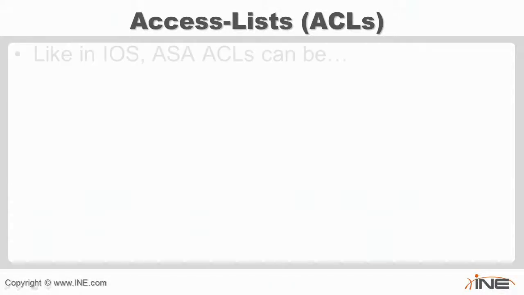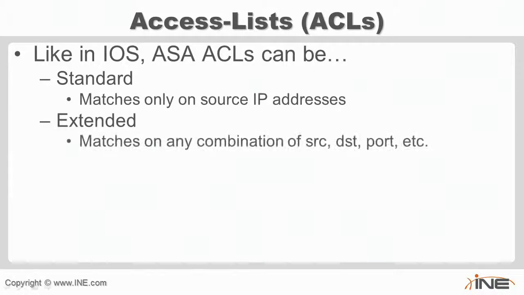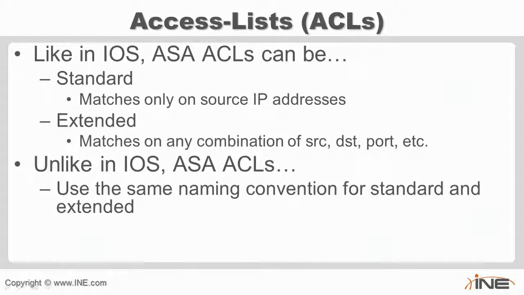Now, one of the differences here, where in IOS we have the difference between the standard ACLs that are matching just on source and extended ACLs that are matching on anything in the layer 3 or layer 4 header, ASA doesn't do this. ASA just says it is an access list, and there's no difference in the naming convention between the two of them.